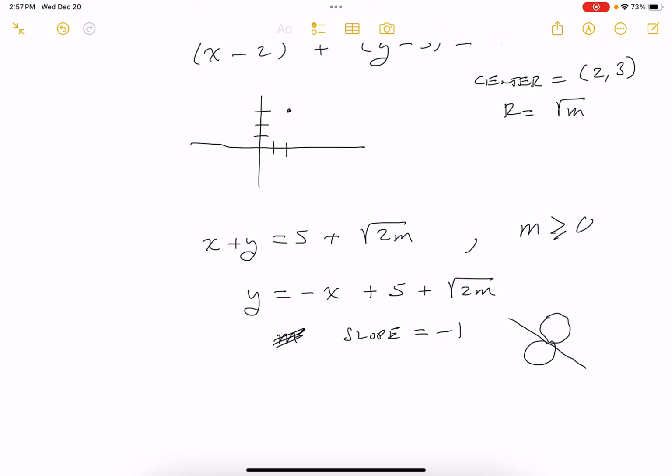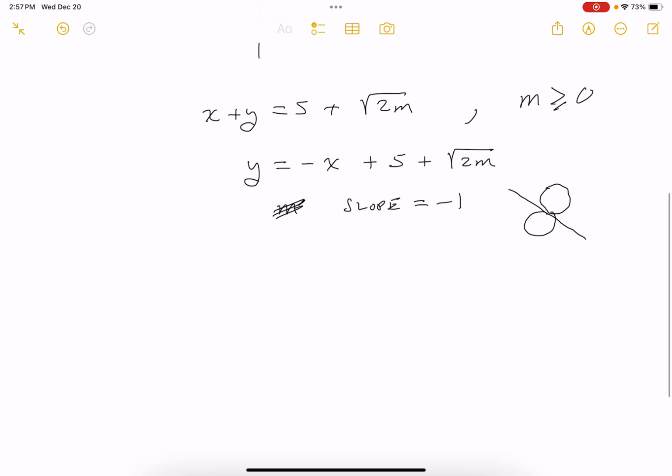And what I got to do now is work on getting the... let me read that question. For what real numbers m? Yeah, the line is tangent to the curve. So what I got to do is figure out where this slope is going to be minus 1. So let's write this down now. x squared plus y squared minus 4x minus 6y equals m minus 13.